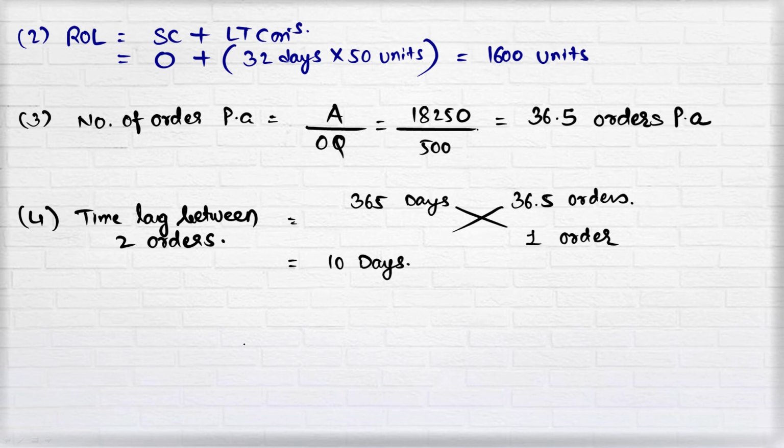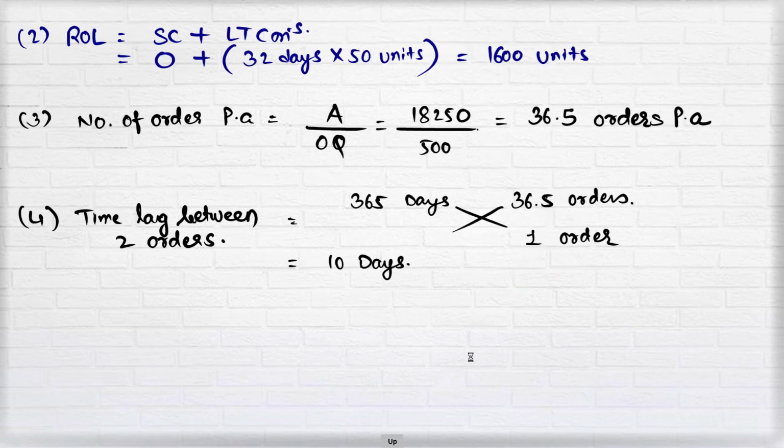See, whenever you get this type of question, try to do this. At what reorder level you order? What is your reorder level? 1600 units. You will reorder. The question is how much?